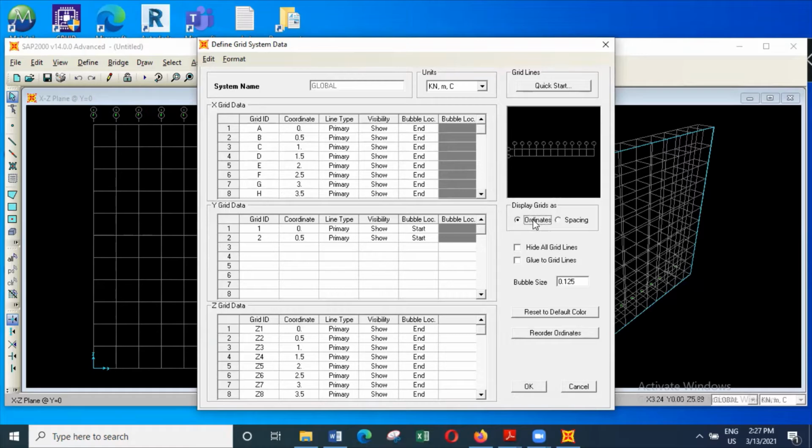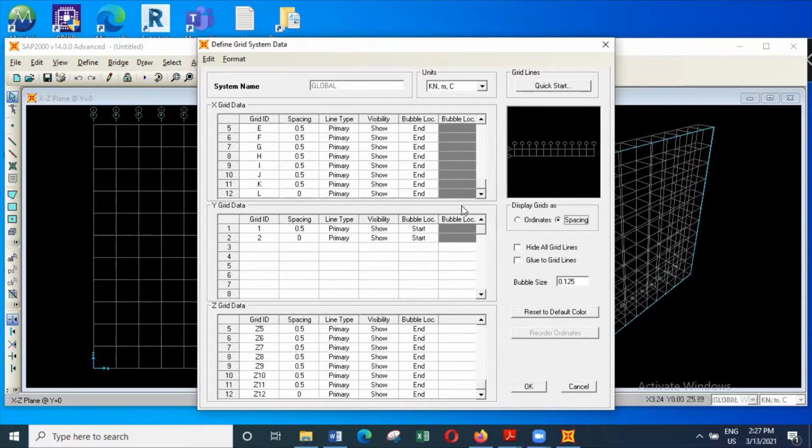If you look at the ordinates, you can see the last one is 5.5 meters. So that's the problem that we encountered.